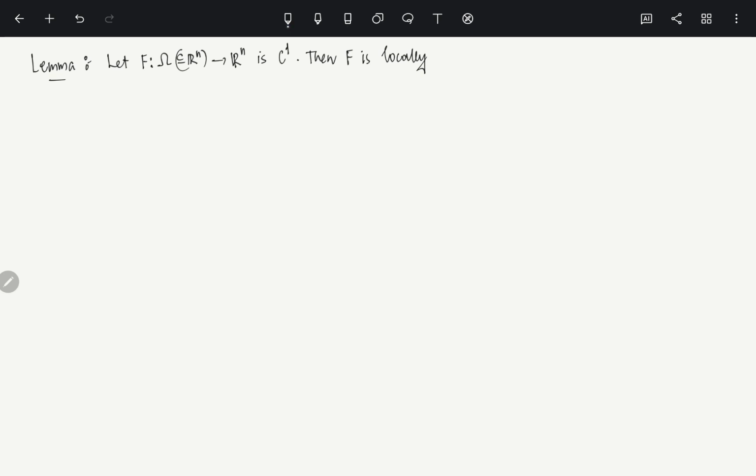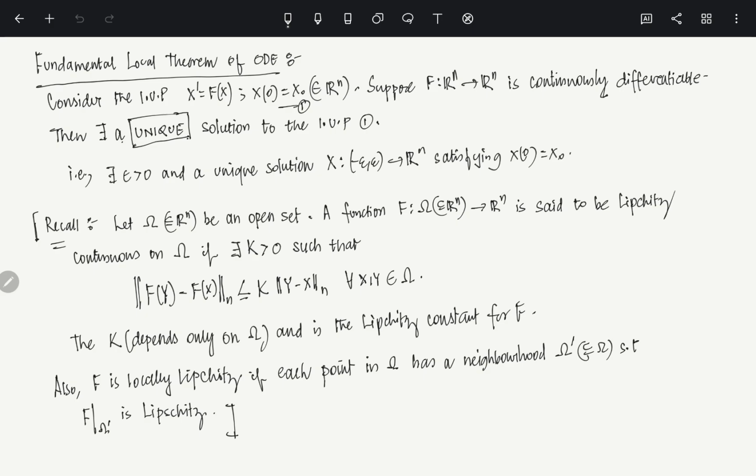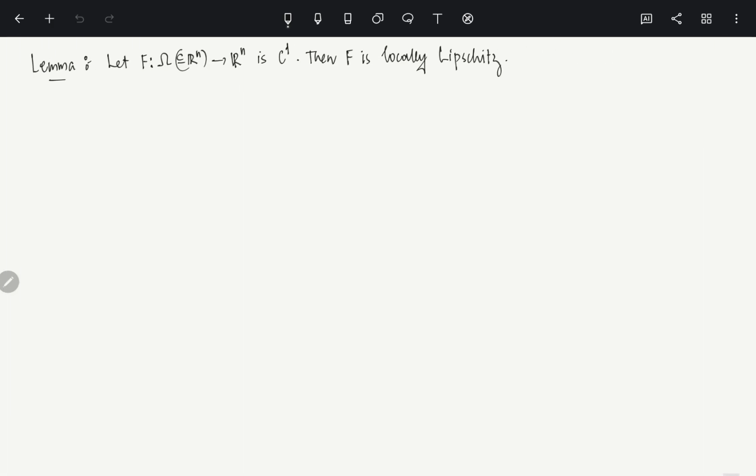I should write it properly, it is capital L Lipschitz. So what it means is, the statement of the theorem which we are working with has that the vector field is continuously differentiable, C1. So if the vector field in question is continuously differentiable, then we can say that the vector field is locally Lipschitz.